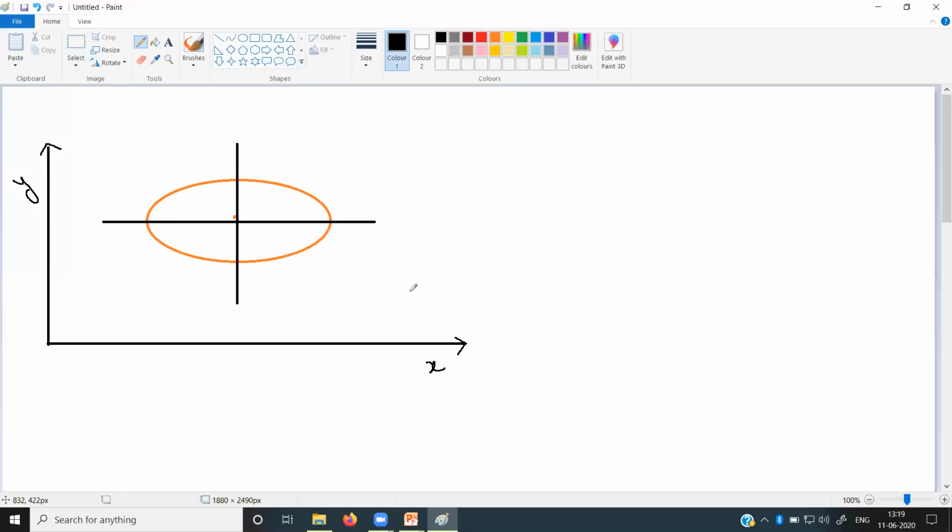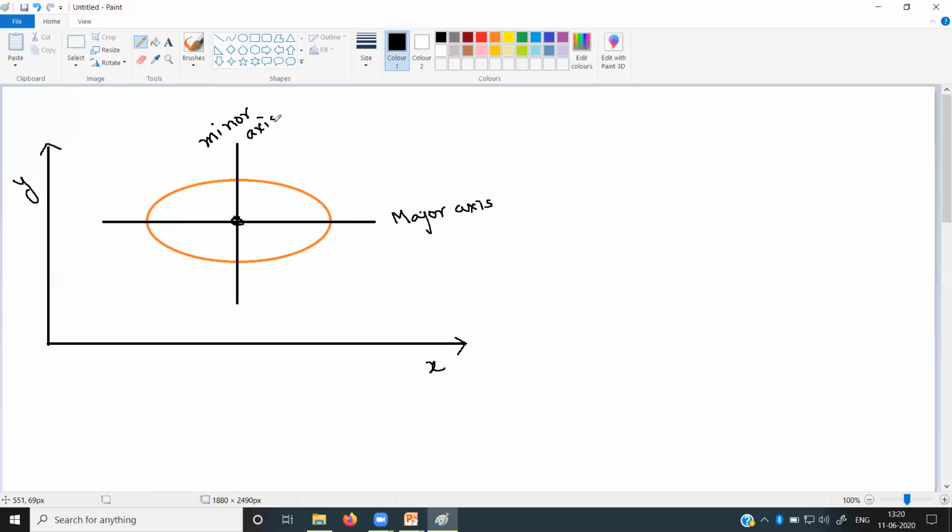Now in this figure, you can see this line which is parallel to the x-axis and passing through the origin. This is my origin. The line which is passing through the origin is called the major axis. And the line which is passing through the origin and which is parallel to the y-axis is called the minor axis.